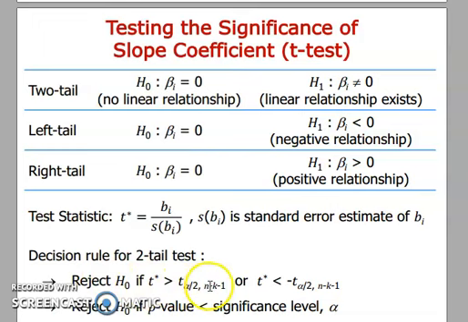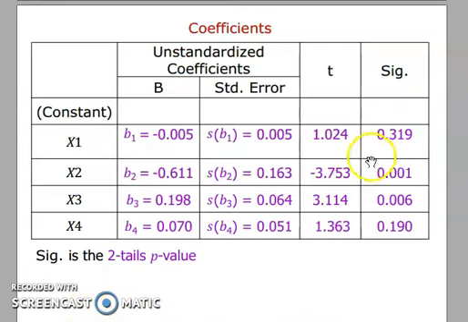This is one of the ways, using the critical value approach, but you can also use the p-value approach as we learned before. If the p-value that we get from the output is less than the significance level alpha, then the decision will be to reject H0.